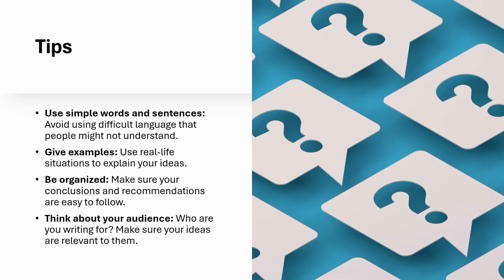Use real life situations to explain your ideas and the consequences, both positive and negative, of your own critically thought about recommendations. And make sure that they're organized, like I say, in priority in terms of impact, but make sure your conclusions and recommendations are easy to follow in their organization as well.